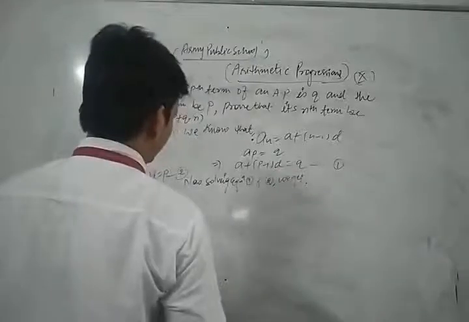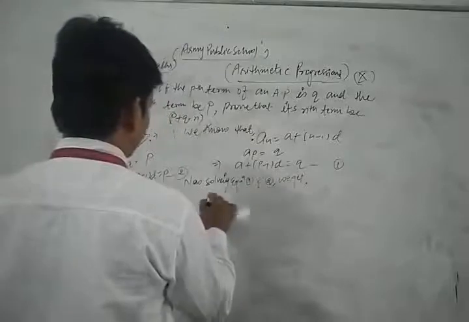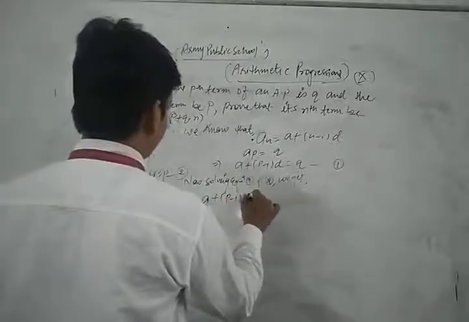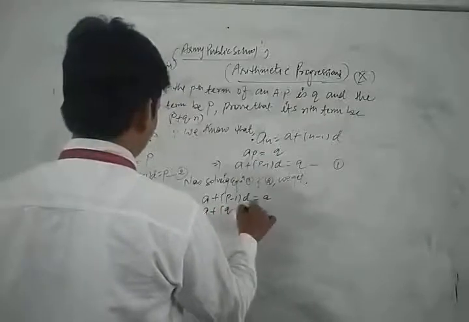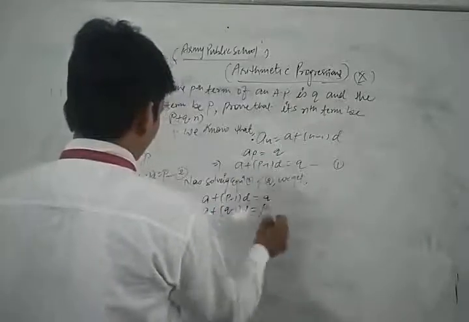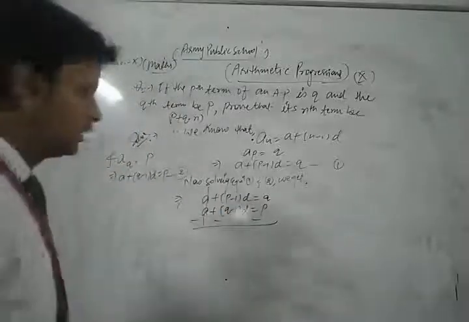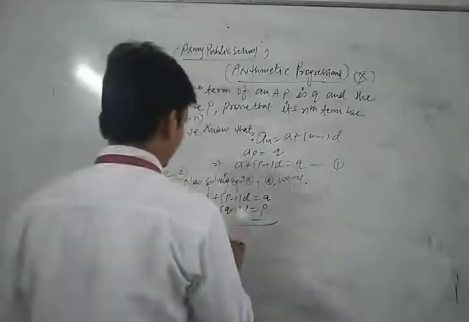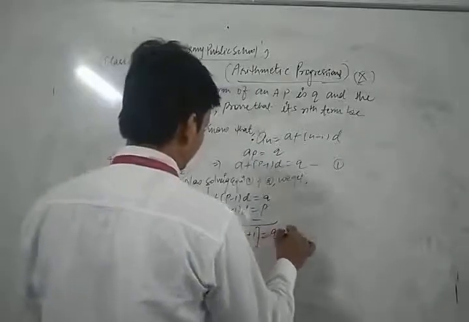We get A plus P minus 1 into D is equal to Q and A plus Q minus 1 into D is equal to P. Now we simplify this by subtracting. So A cancel to each other. Now we take D as common. So we get P minus 1 minus Q plus 1 is equal to Q minus P.